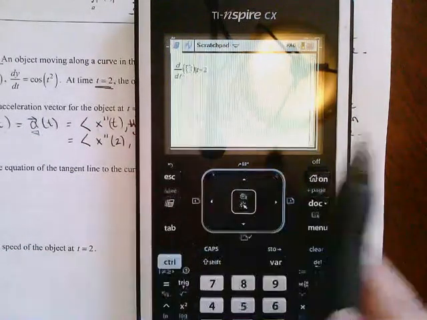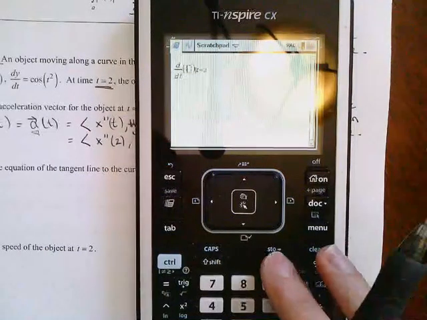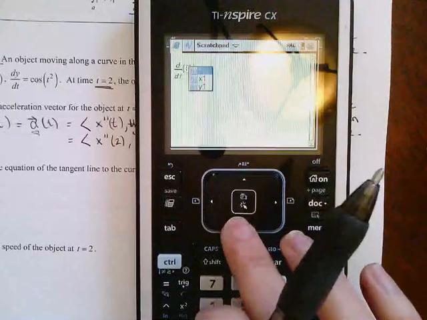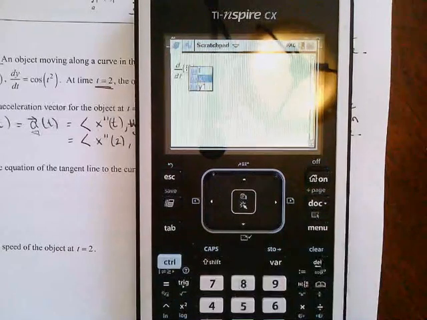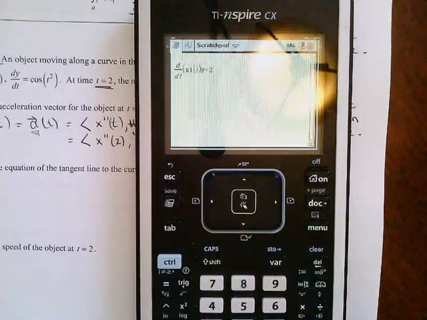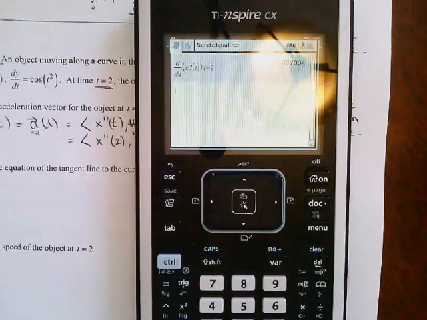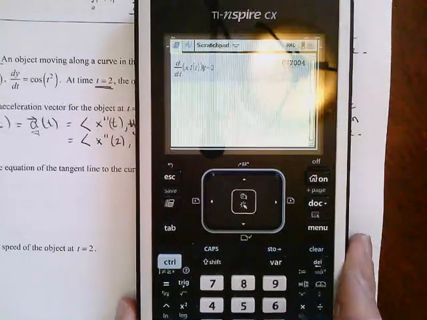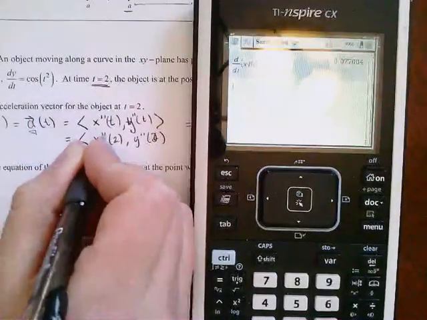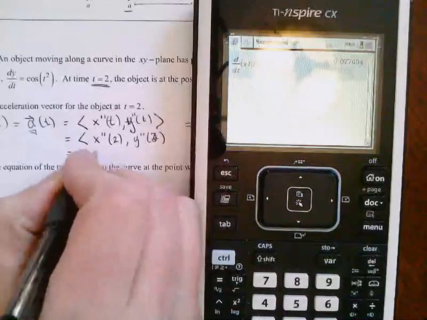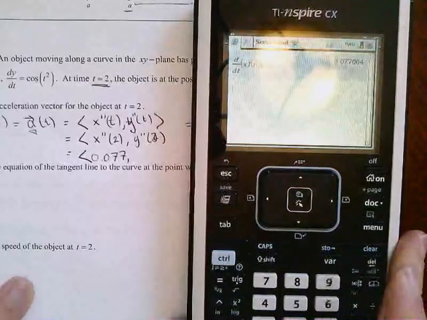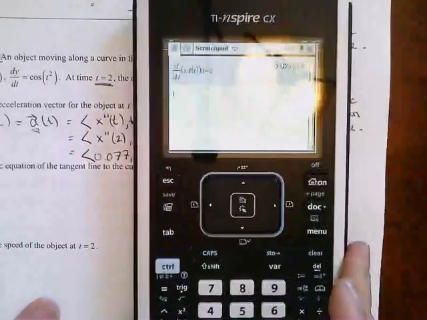So here, to input which function we're using to derive, you just press vars, and you'll notice that x1 and y1 are both in here. I want to start off with my x component. My t is my variable. Press enter. There's your answer. So my x double prime of 2 is going to be 0.077. Take 3 decimal places always when you're calculating.